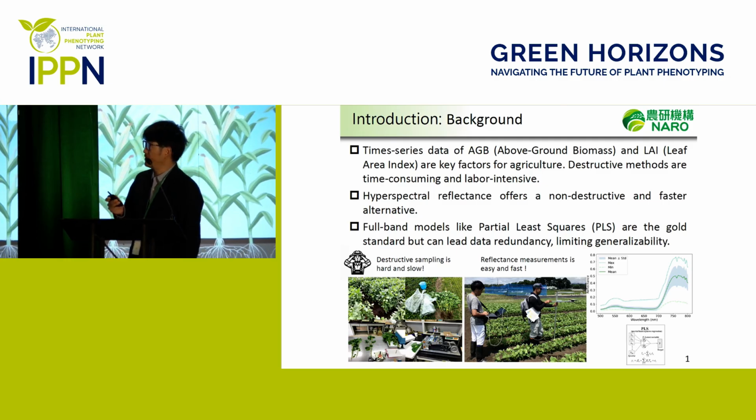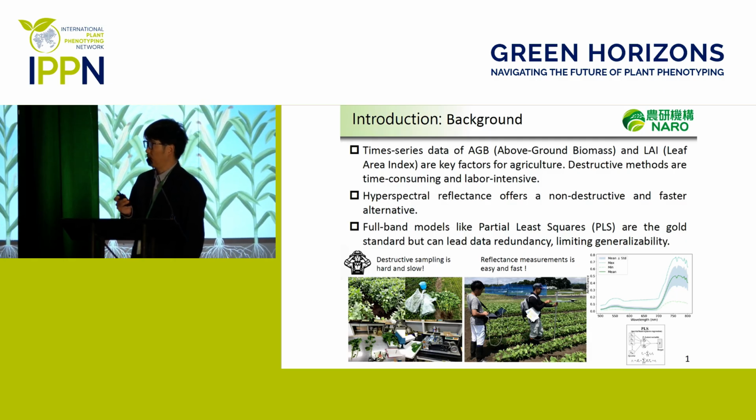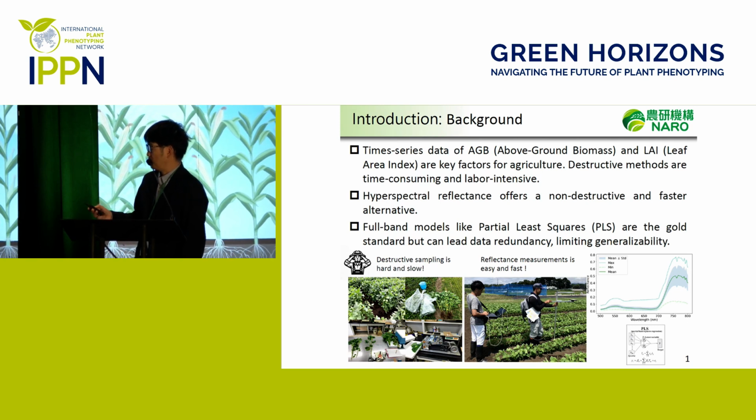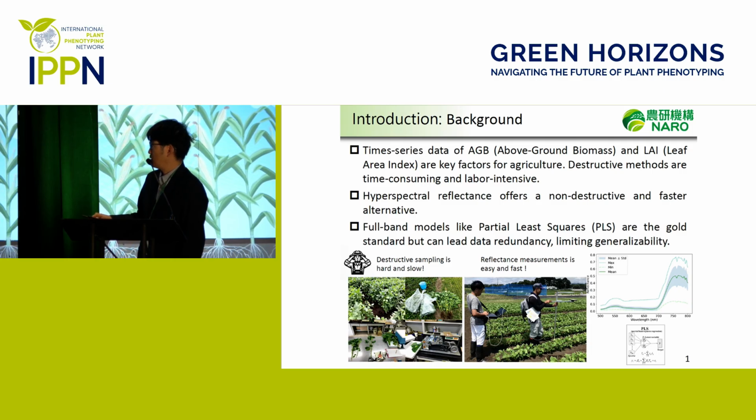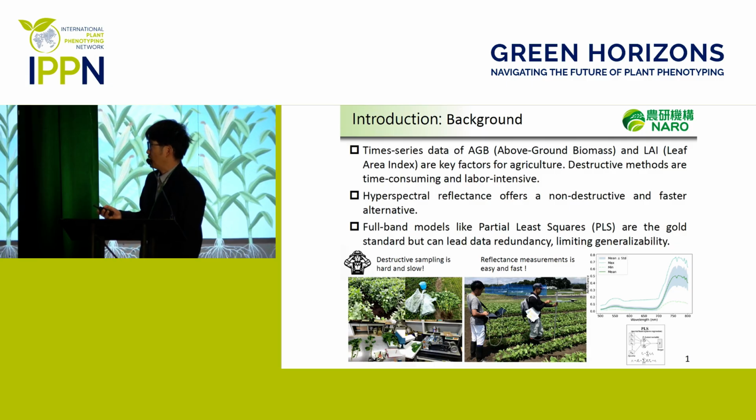Biomass and leaf area index are key factors for crop yield. Typically measured by destructive sampling methods, like in this picture, which are time consuming and labor intensive.